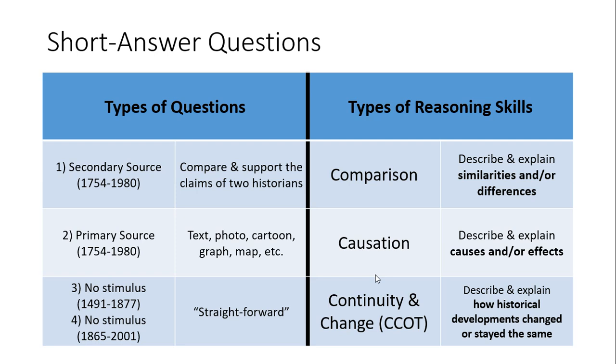But if you look at the right side of the screen, each question within a short answer is going to ask you to use one of 3 what they call historical reasoning skills. Don't worry about what these are called in terms of reasoning skills. Just be aware of the 3 types.